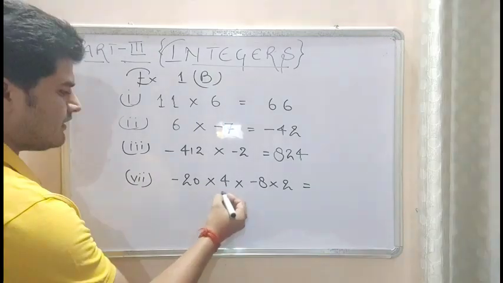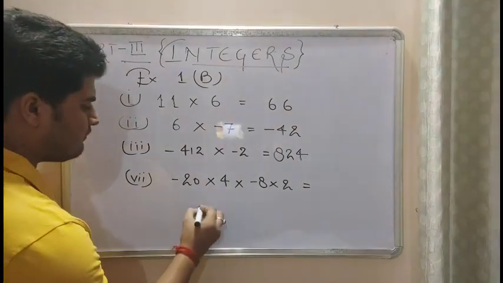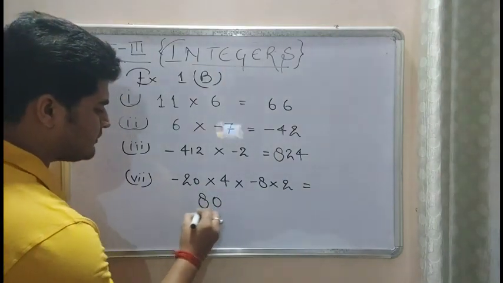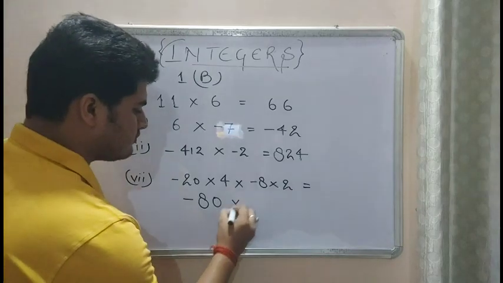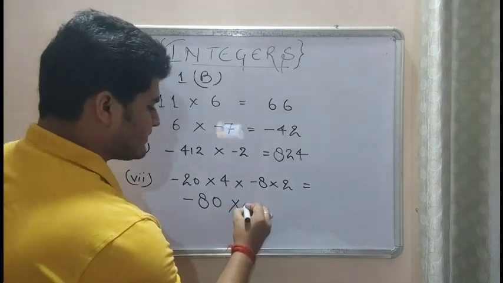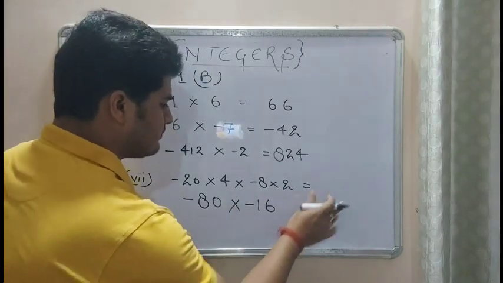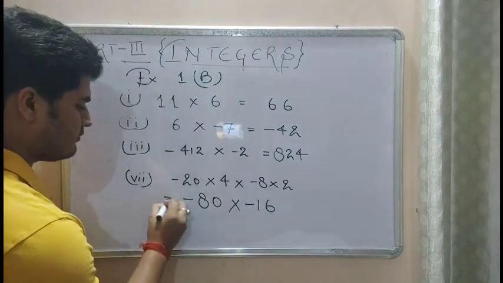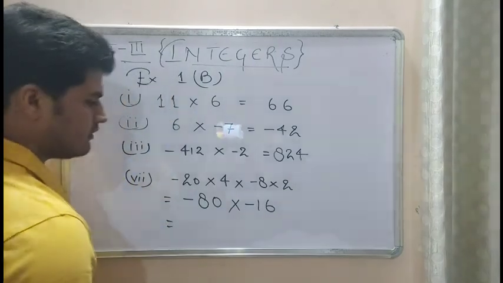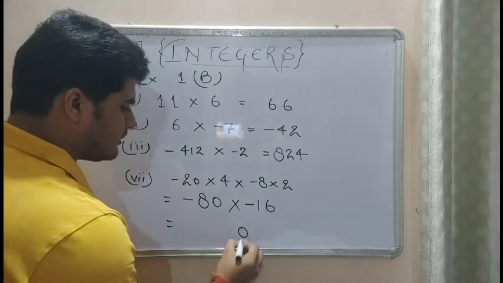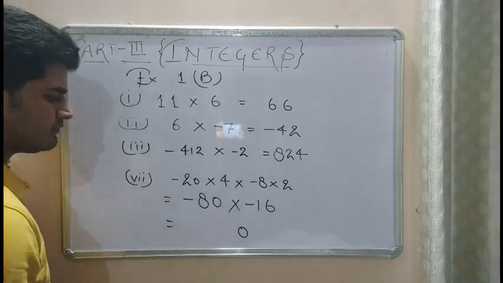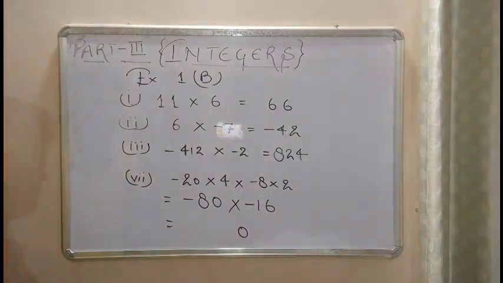So 20 fours are 80, minus 80. 8 twos are 16, minus 16. Then 0, so place a 0. 16 eights are, right?